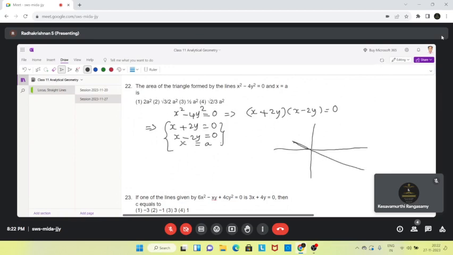The other one also passes through the origin, because here the slope is plus half. And x equal to a is this line.